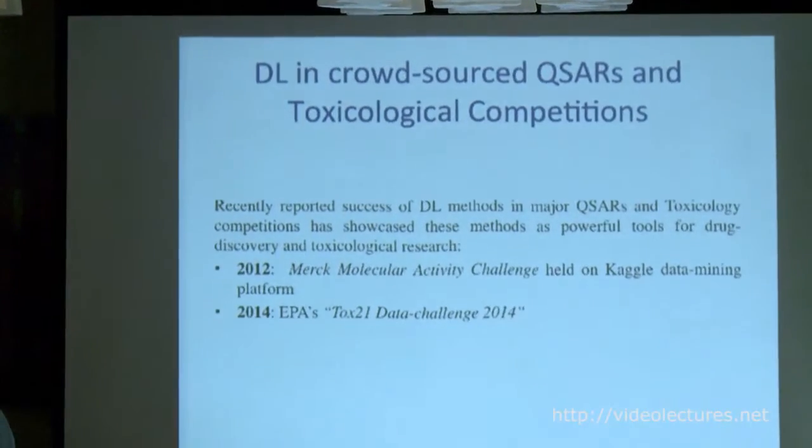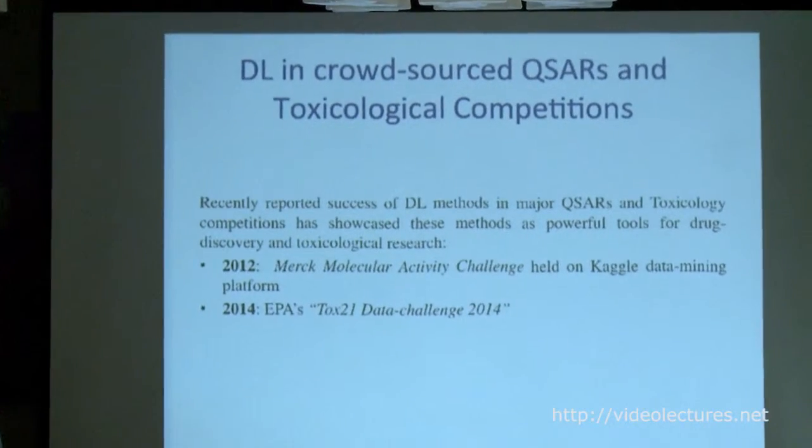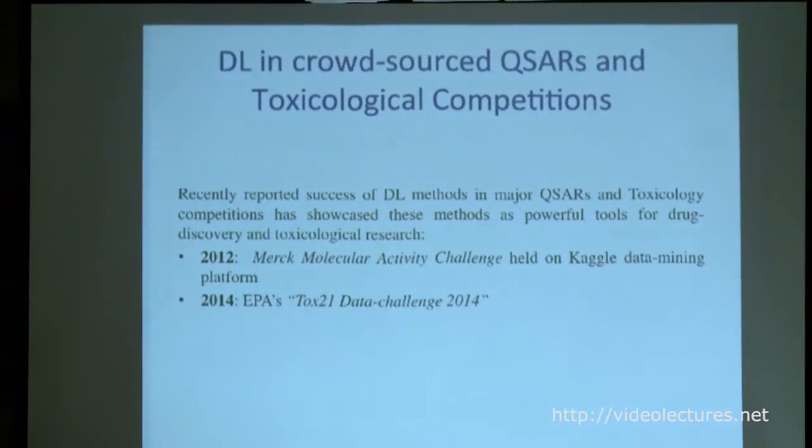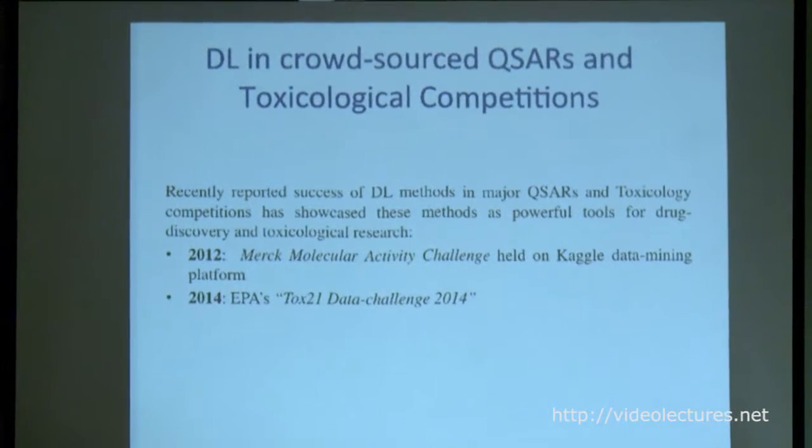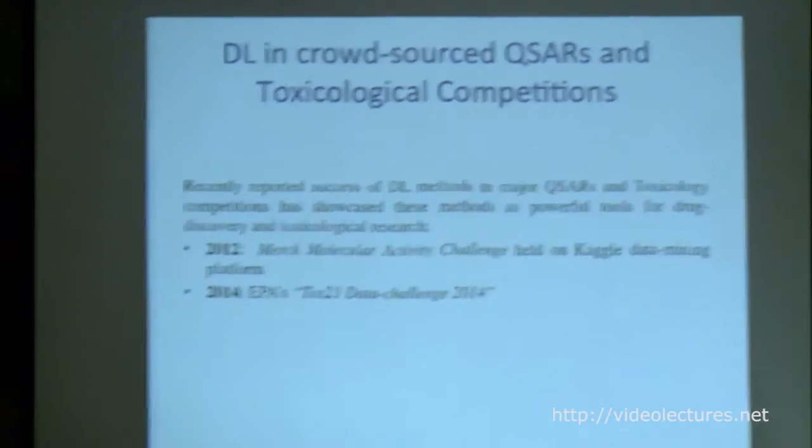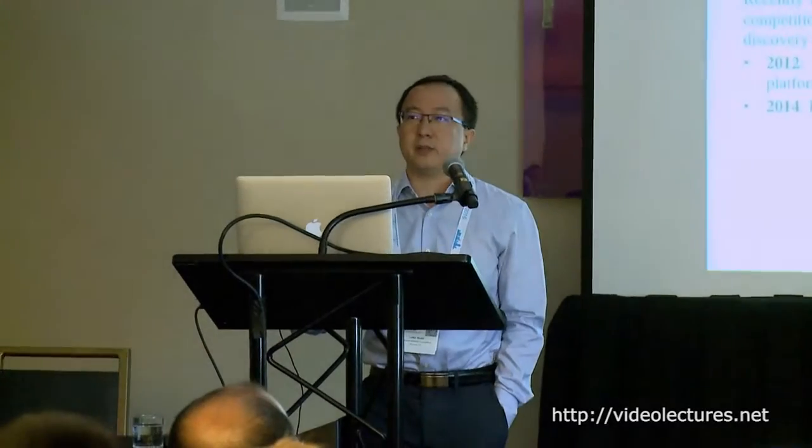So in this talk, I want to feature two recent international competitions, one organized by a pharmaceutical company called Merck, and another one organized by NIH in collaboration with EPA and FDA. The first one is the Merck molecular activity challenge. They're trying to predict the binding between chemicals and proteins, and the EPA is trying to predict the toxicity of chemicals.